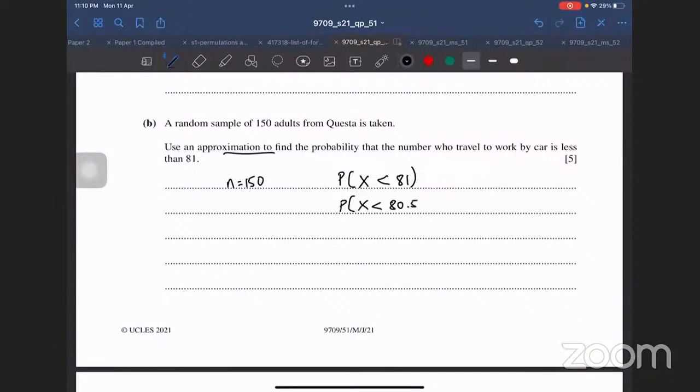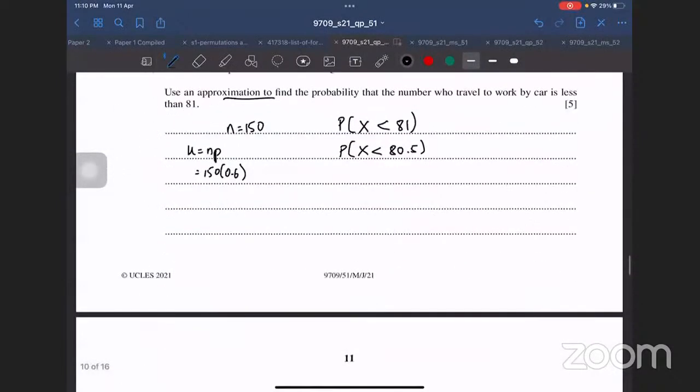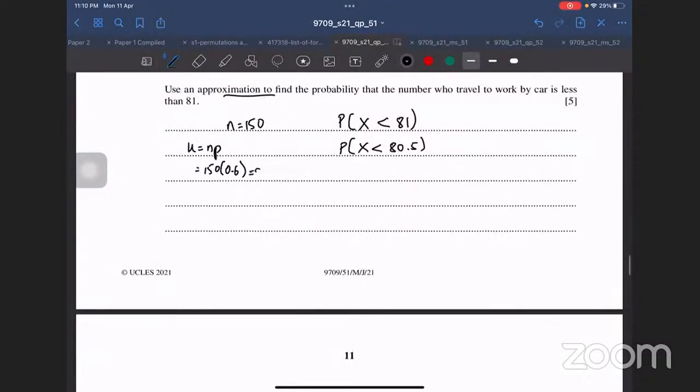to 80.5. In order to calculate mu, you do np, which is 150 times 0.6. Traveling by car is 0.6. Yes, 150 times 0.6 gives me 90.